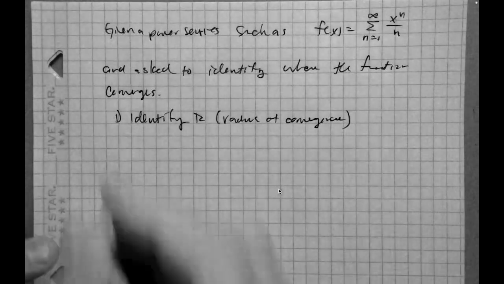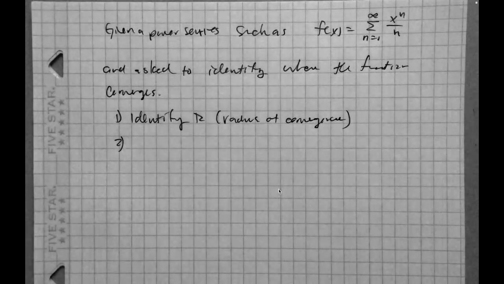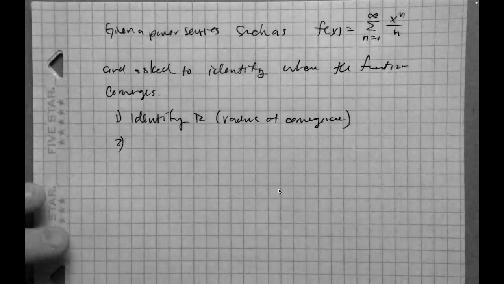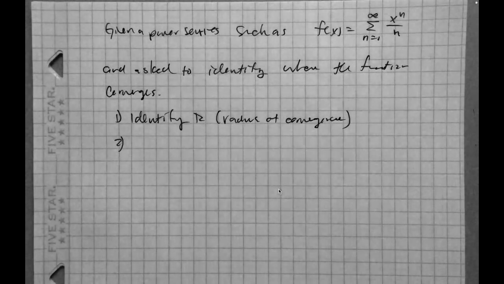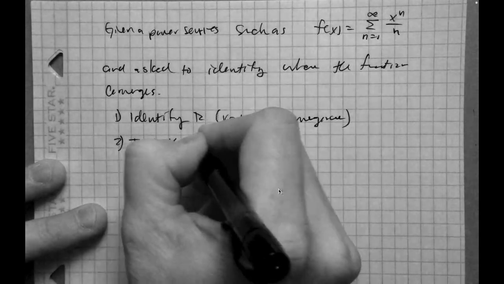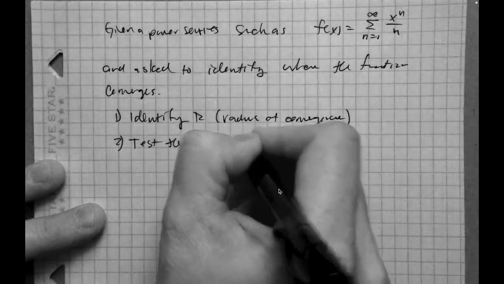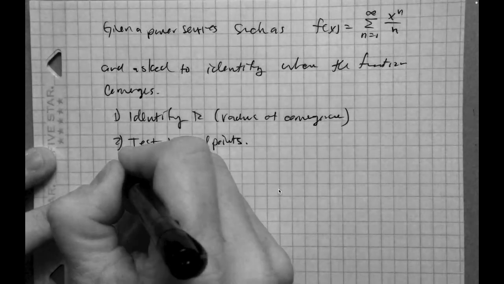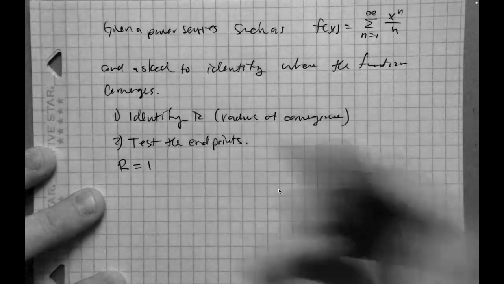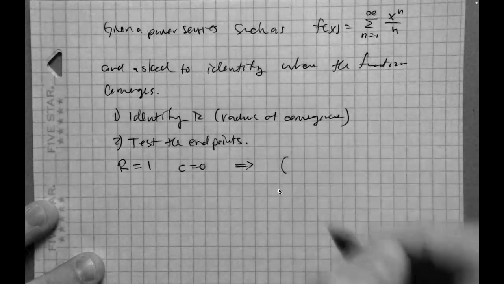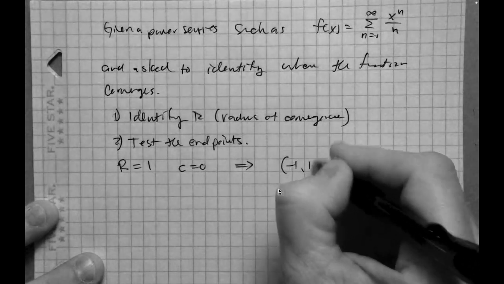And then secondarily, the most recent feature I brought into the fold was to not only identify the radius of convergence, which tells you the open interval, but to test the endpoints for convergence as well. For this function, we see R is equal to 1. It's centered at 0. So naively, we would say the interval of convergence is at least -1 to 1.